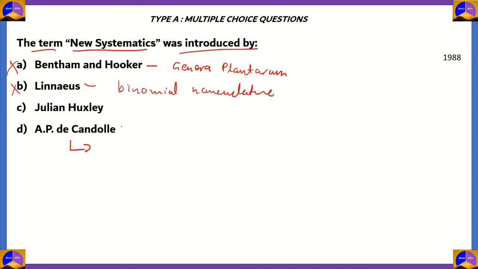A.P. de Candolle was the person who discovered convergent evolution, so therefore option D is also incorrect. The correct answer is option C, Julian Huxley. So therefore the correct answer for this question asked in 1998 is Julian Huxley, which is option C.